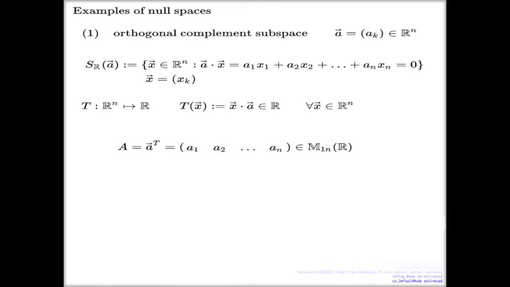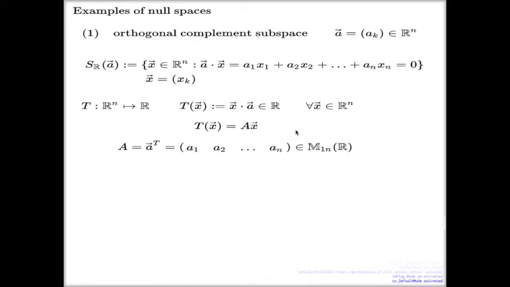So basically I just transposed my A. Normally when we think of a vector, we think of a column vector, isn't it? So if I transpose it, it becomes a row vector, or a matrix of one row and n columns. If I just introduce this auxiliary matrix, capital A, then my T, which I define like this, equally I can write like this. It will be a product of this special matrix A with the n tuple or column vector X.